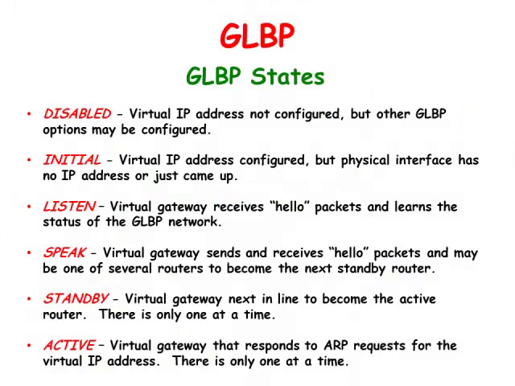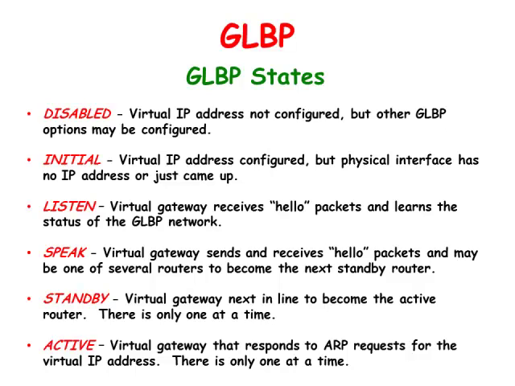In the disabled state, the virtual IP address is not configured, but the Gateway Load Balancing Protocol options may be configured. In the initial state, the virtual IP address is configured, but the physical interface has no IP address or just came up.